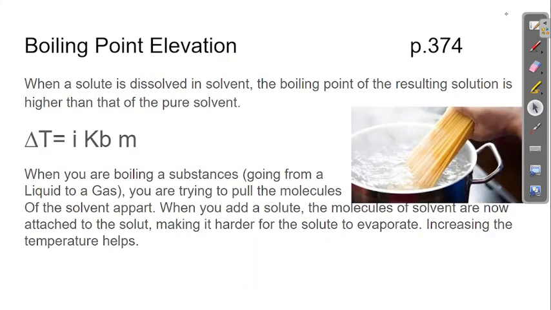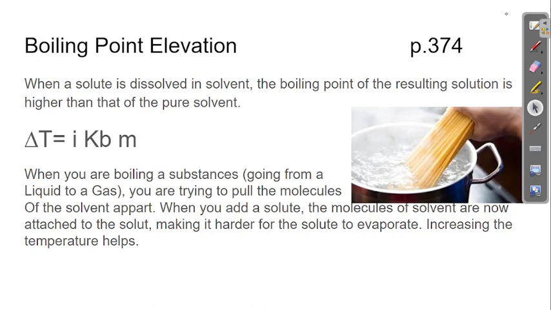The same way that you could calculate the freezing point, so lowering of the freezing point due to the addition of a solute, there's also what's called the boiling point elevation, meaning that a solvent's boiling point will increase by adding a solute.